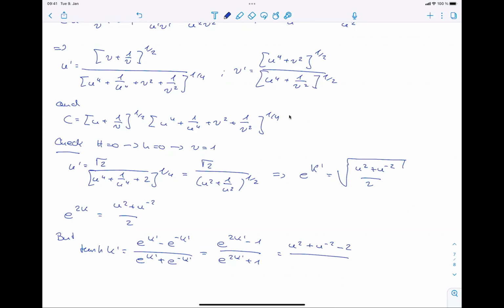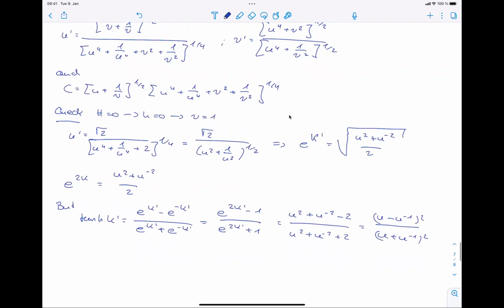If we just put in these results here, right? And multiply with the 2. And here we have u squared plus u minus square plus 2. This is again a quadratic function, so I can write this as u minus 1 square plus u minus 1 square.